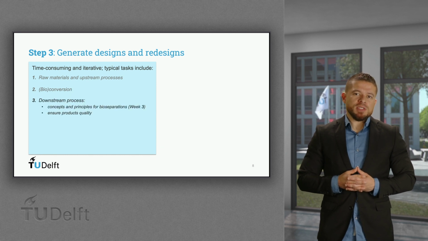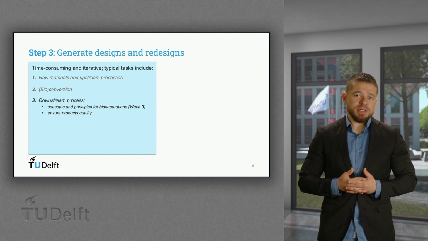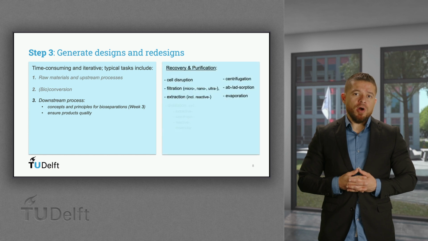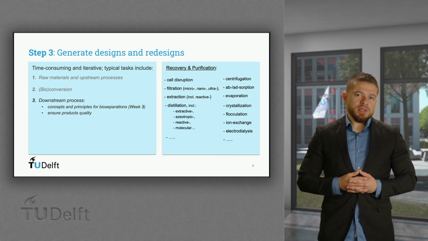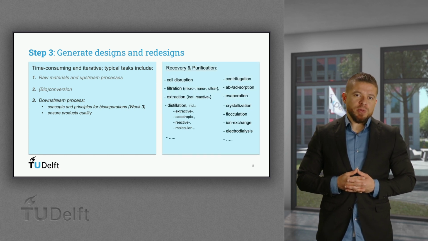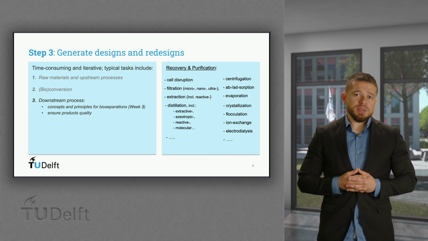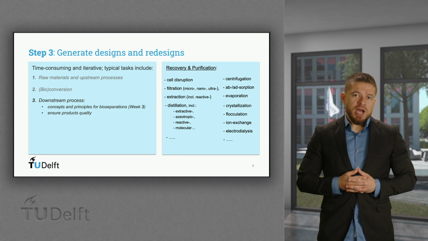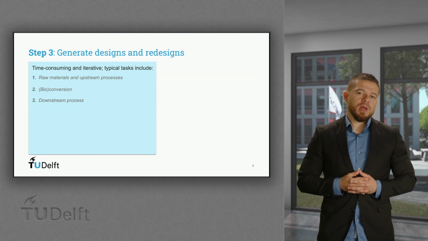For the downstream process section, we should make sure that the expected quality of the products is achieved, and to do so, multiple operations could be considered, and this selection should be done based on the concepts and principles applicable to each type of operation unit, as you have seen it in week 3.